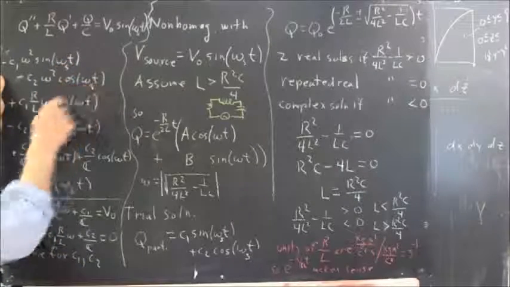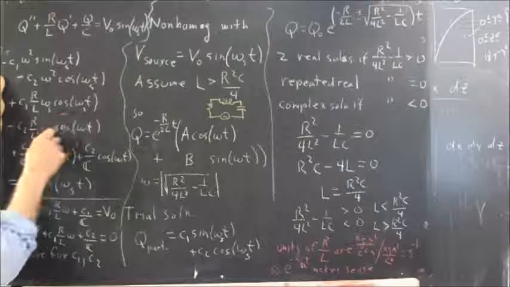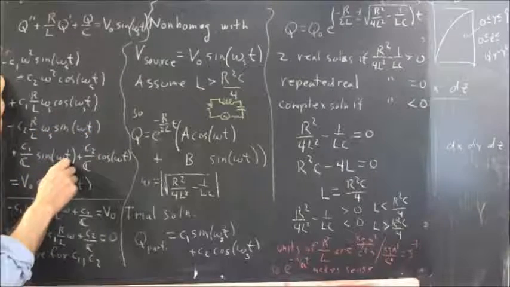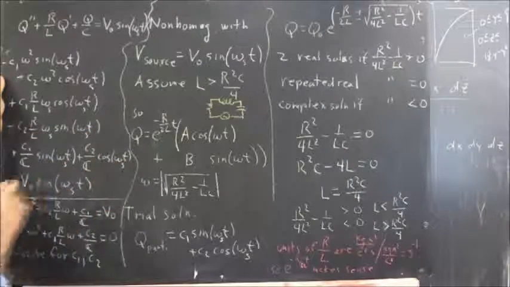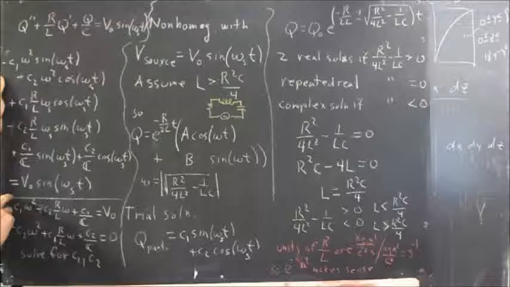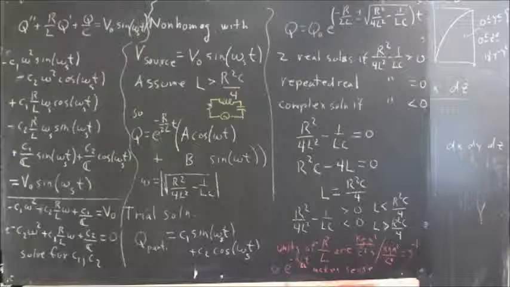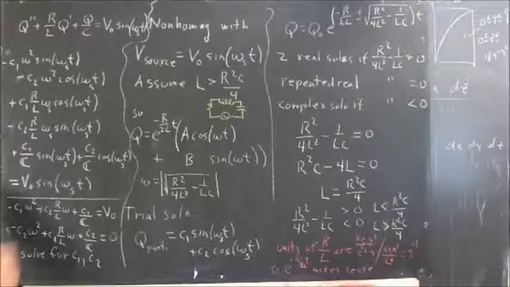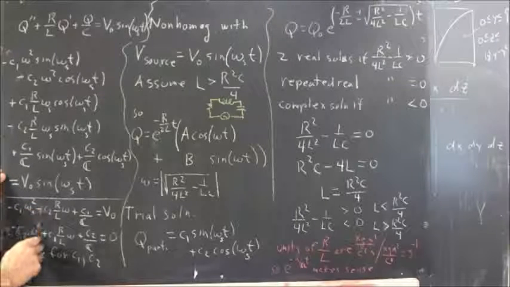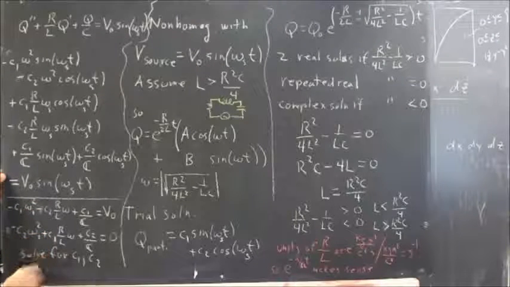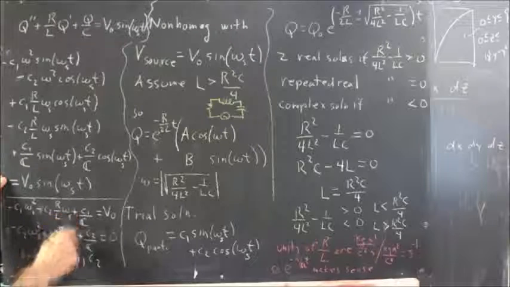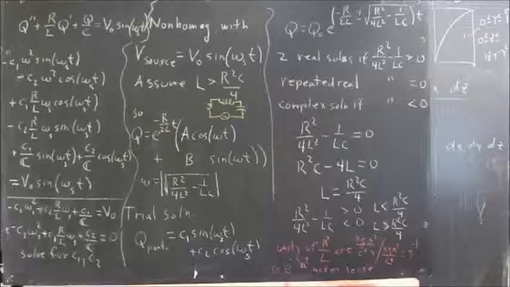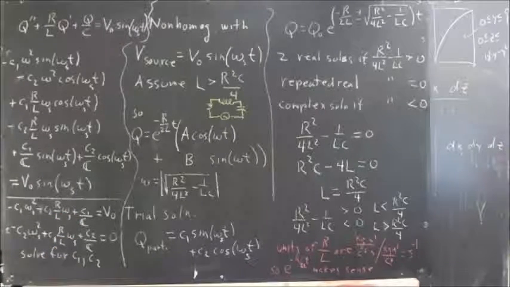And I'd better put those s's in there before I completely forget to do that. Okay, this is omega s. This is omega s. So is this. So is this. Okay. Now, that's what we get.